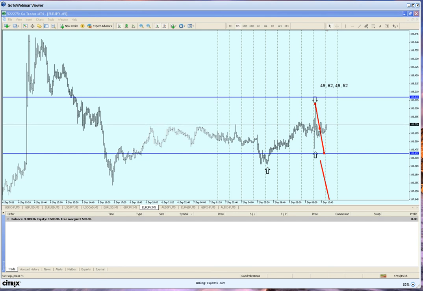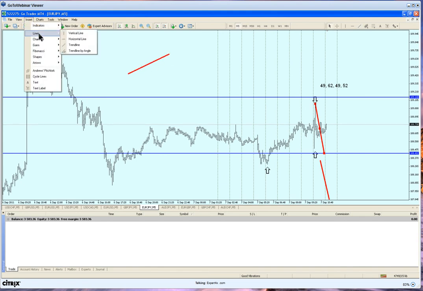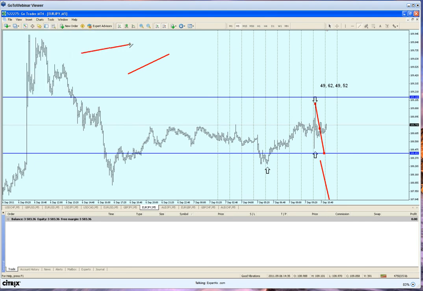Could you tell me how to draw the trend line? All right, Eric, I'll show you. The line is a trend line, so you click on that and you then go there and you draw it. You can also go insert lines, trend line, and do the same thing.